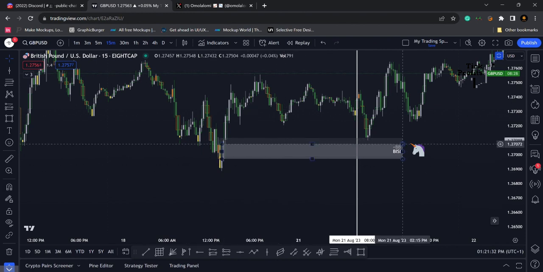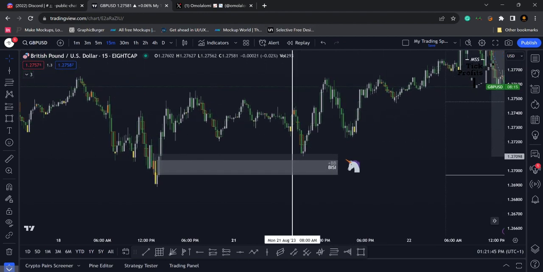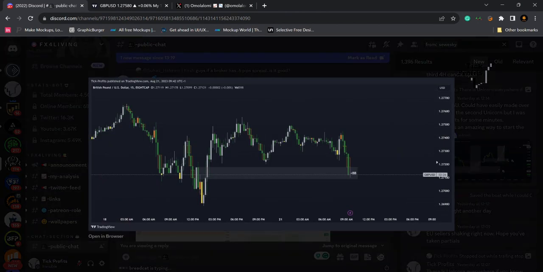So in this case, when we have a bullish breaker and a bullish fair value gap, they are trying to protect this low right here, and they want price to continue to trend upwards. So that's why I said watching GU here for a potential long.